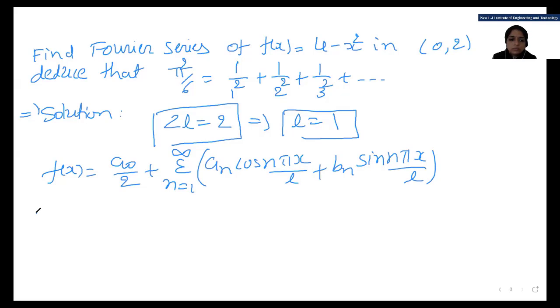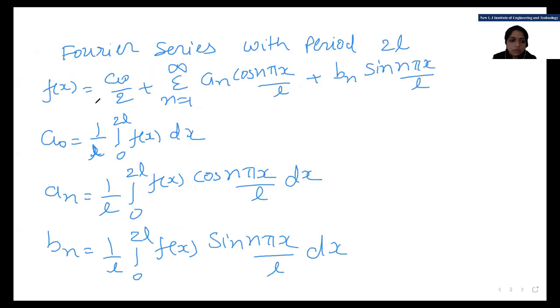Now, a0. The formula for a0 is 1 by L, 0 to 2L, f of x dx. In every formula it is 1 by L, but the integral is 0 to 2L, right?